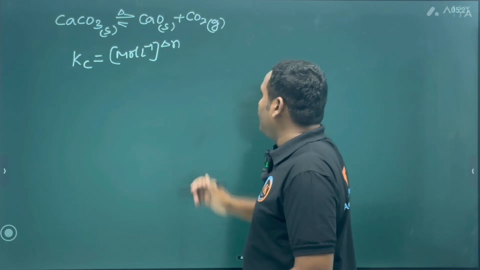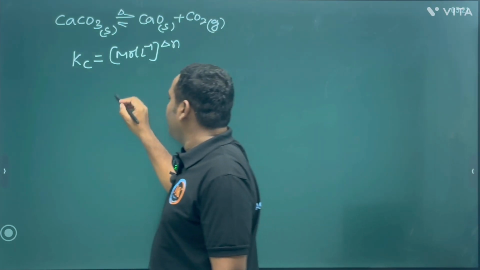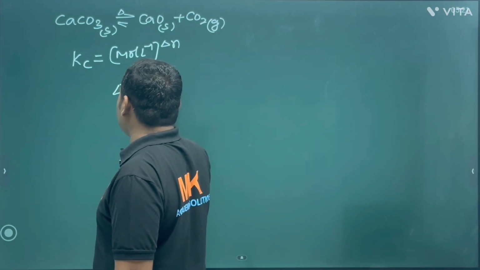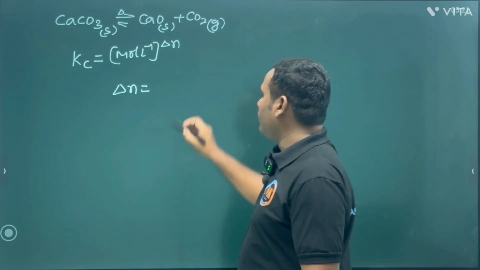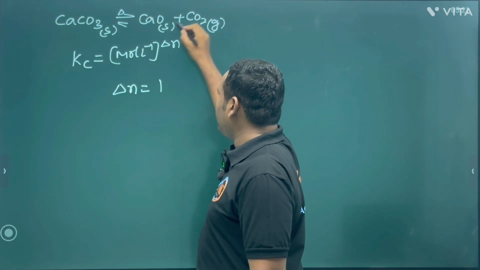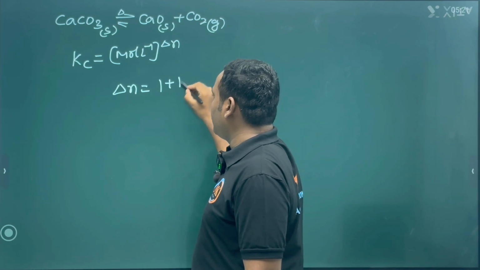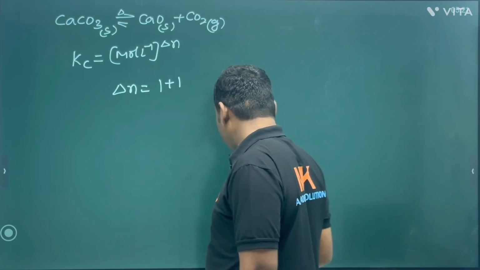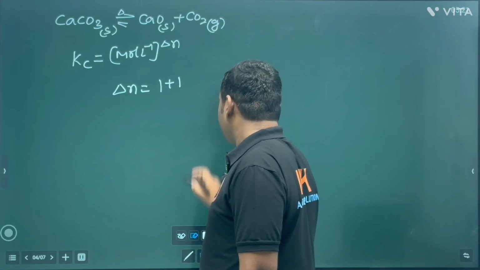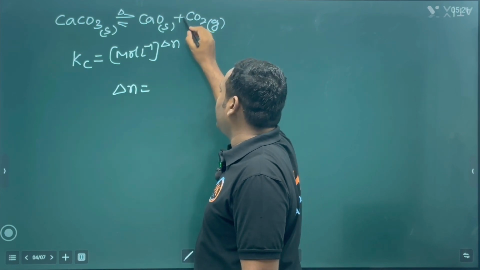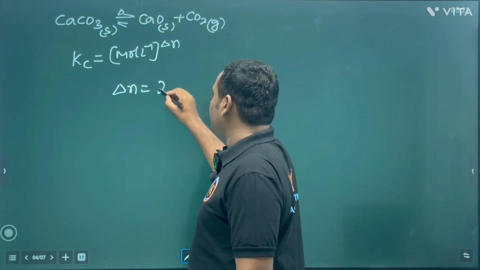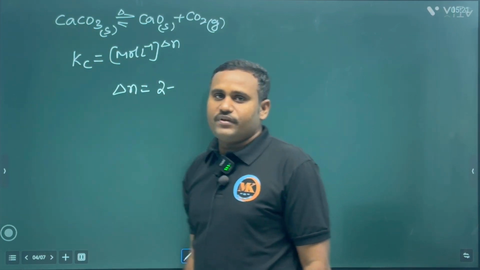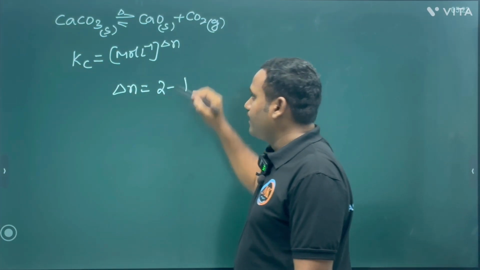Some people count delta n like this: the number of moles of products, 1 plus 1, total 2, minus the number of moles of reactants, 1.